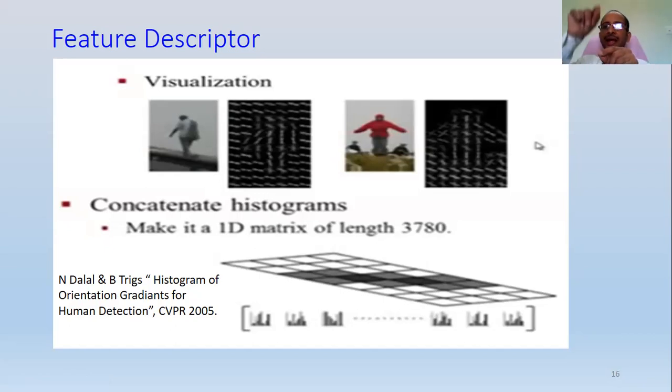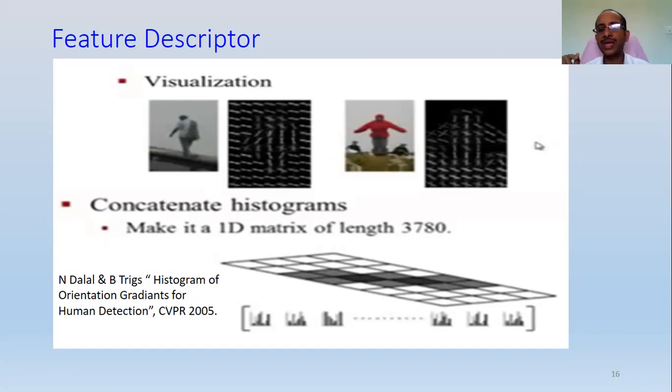Gradient in x direction, gradient in y direction. So tan inverse of gradient in y direction by gradient in x direction, gy by gx, tan inverse of gy by gx, gives us the angle of edge. And then the magnitude of edge is given by root of gx square plus gy square.